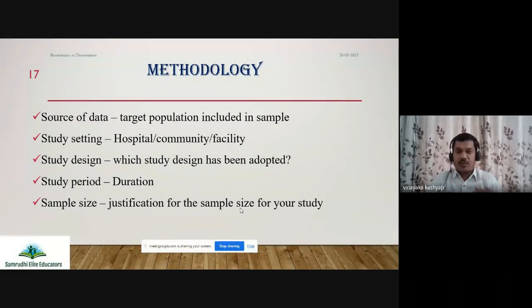So you take an average of the last 3 years and then say, based on the data available in our hospital, based on the patient load that we have, I am taking a sample size of 50 or 60. That is how you can justify. So these are the three ways where you can justify your sample size. But always the best way to justify sample size is calculating a sample size.